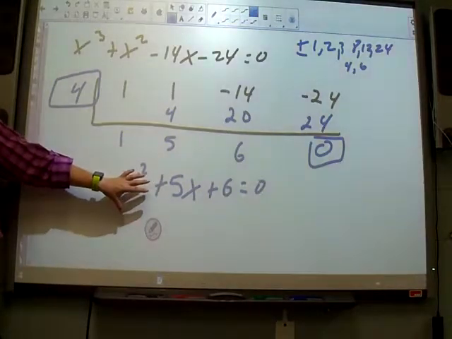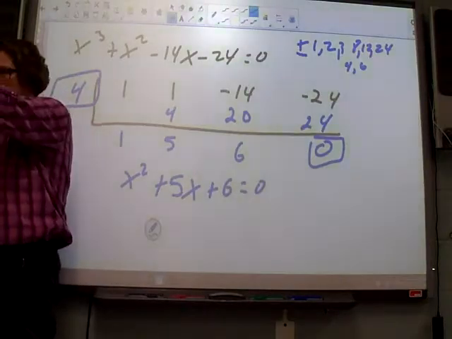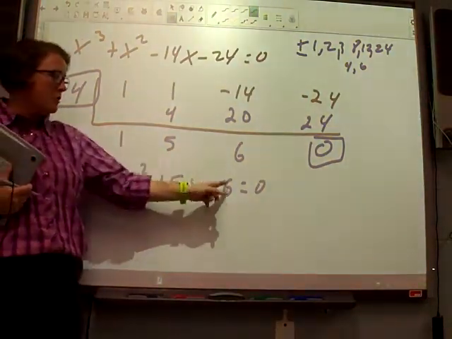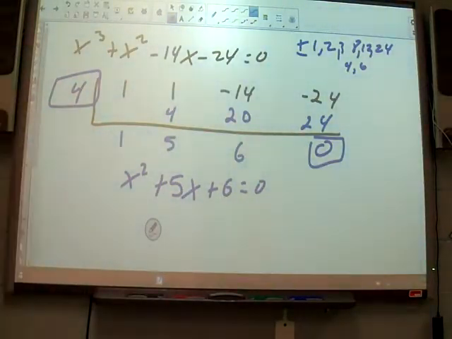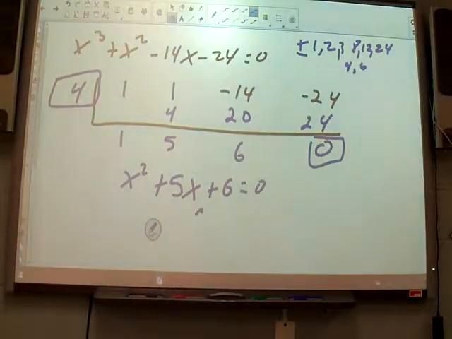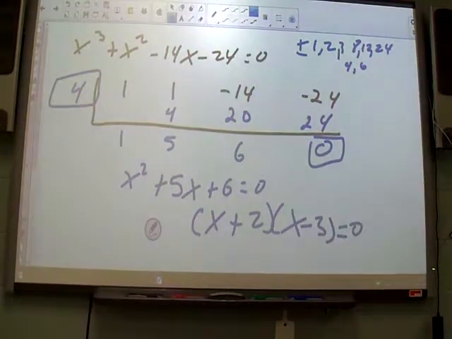So I could use my A of 1, B of 5, and C of 6 and go with the quadratic formula. Or I could find a pair that multiplies to make 6 and adds to make 5. So either one of those works. The factoring, the 2 and the 3 that both of the girls said, is faster, so I'm going to do that. x plus 2 times x plus 3 is equal to 0.